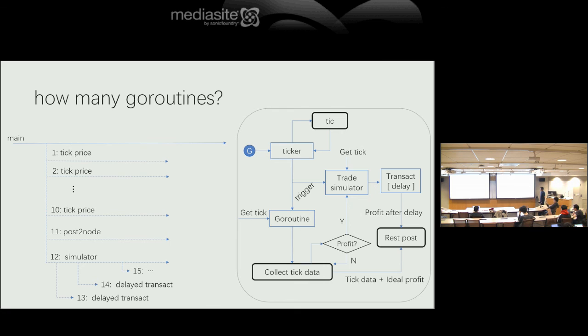So next is to give a picture of how many routines there are in this project, in my program. Because I have investigated 10 internet exchange APIs, there are 10 tick price routines, and there's a simulator to simulate the trading process, and there's a post-to-node routine in charge of posting the data from the Go bot to the Node.js server.